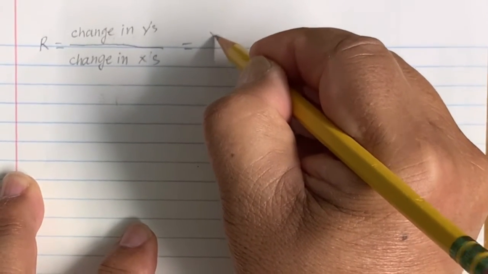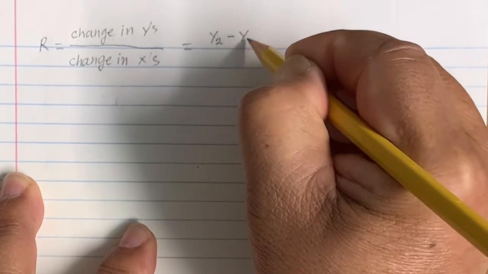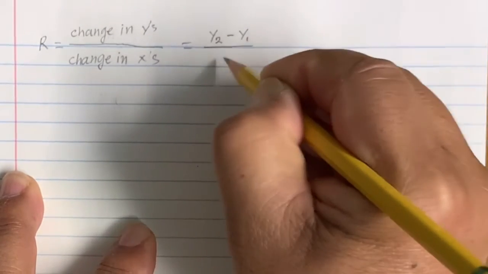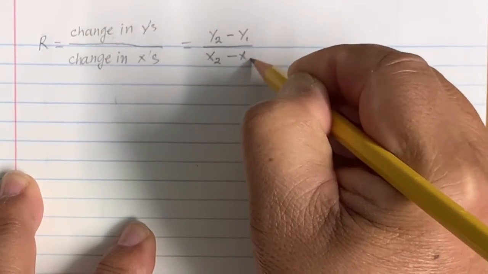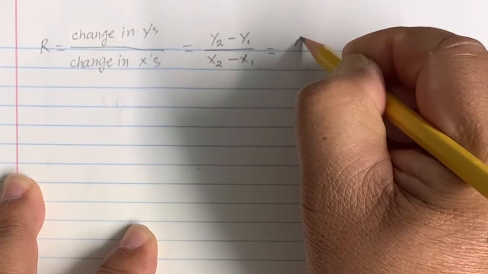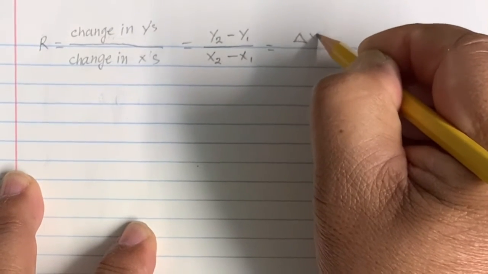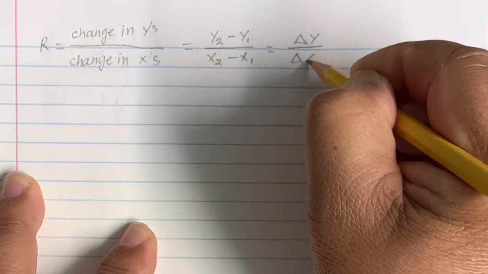You can say it is like y2 minus y1 over x2 minus x1. Or sometimes they write delta y over delta x.